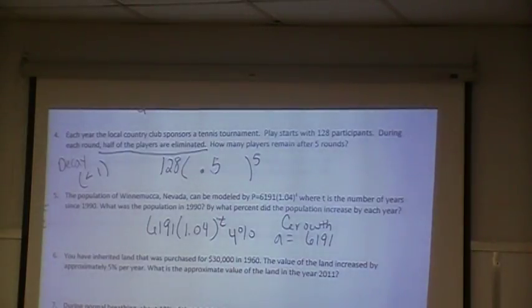Okay. Number 6, you've inherited land that was purchased for $30,000 in 1960. The value of the land increased approximately 5% per year. What's the approximate value of the land in the year 2011? See if you can set that one up.